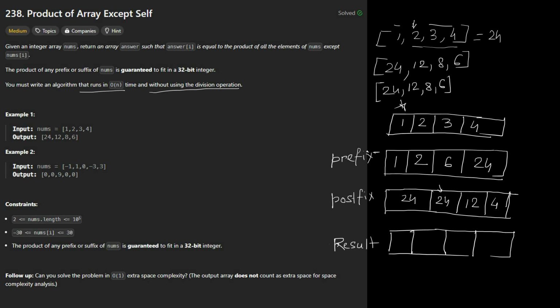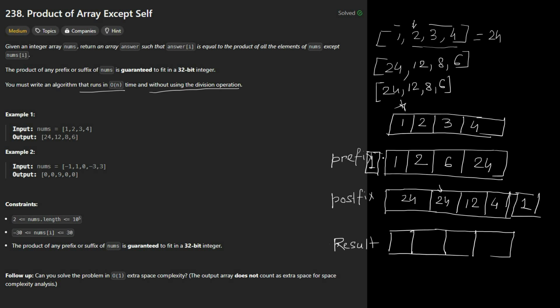So here, initially in this place we don't have any value, so let us add one more value for our convenience, and we can assign it a value of 1. Similarly, in the postfix side we can assign one more value in our list, which is going to be 1.